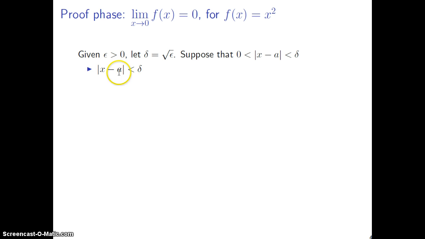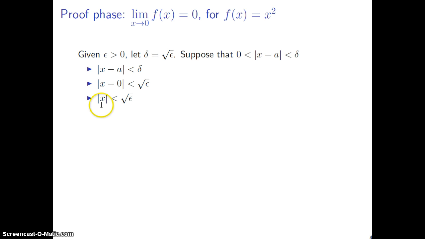All right, so here, starting with this, plug in what we know. We have that a is 0 and that delta is square root of epsilon. And from here you can clean this up in the same way we did in the previous slide. And now here, we're not solving for x. We don't actually need to do that. Just notice that both of these two things are positive.